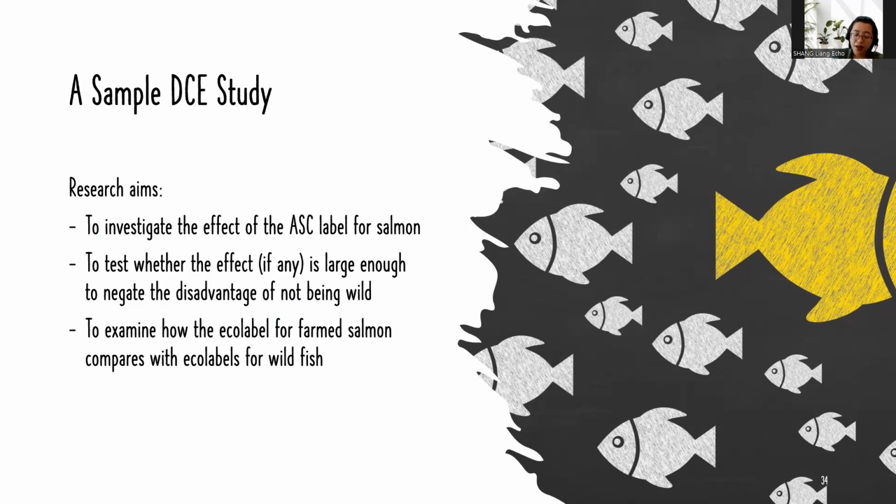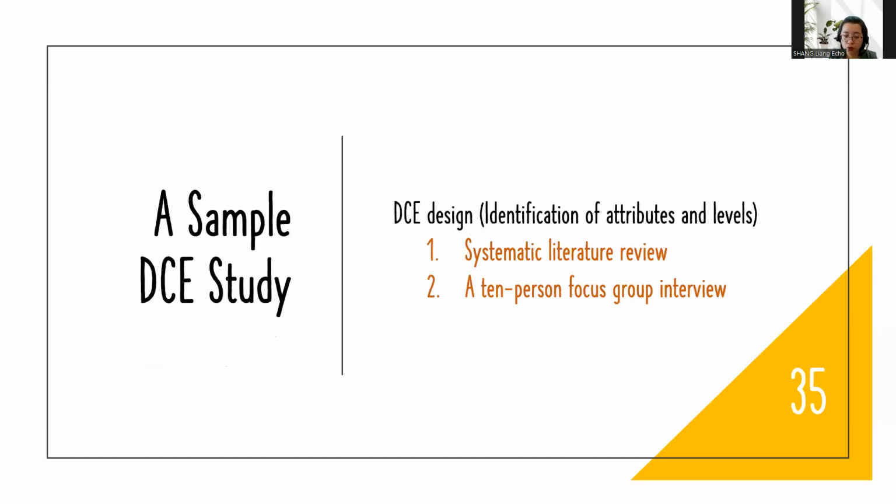So the first step, as we mentioned, now they have their research questions. The first step they need to do is, of course, to identify relevant attributes and attribute levels that they want to include in their DCE study. So how they do this, like what we mentioned before, they also conducted a systematic literature review to look into factors or attributes that have already been identified by other scholars.